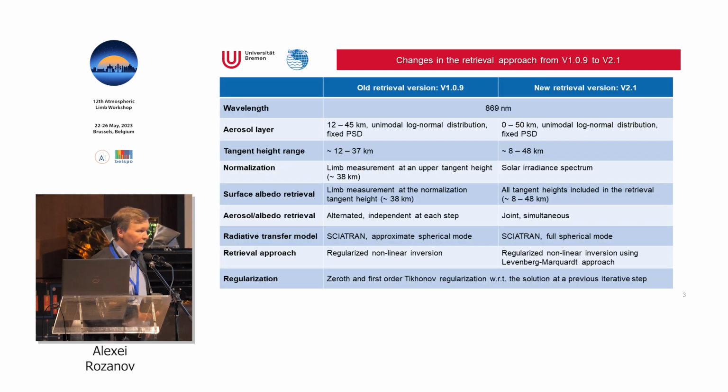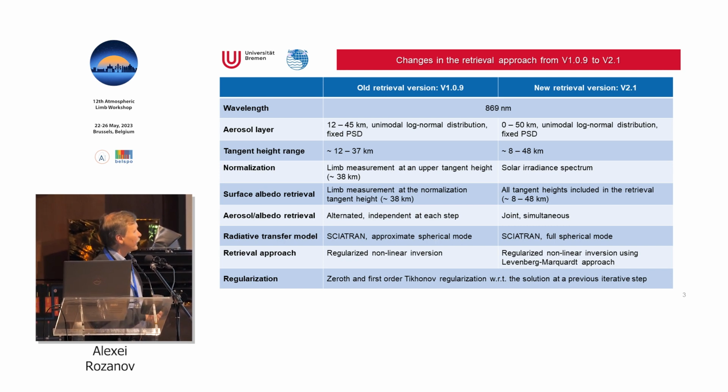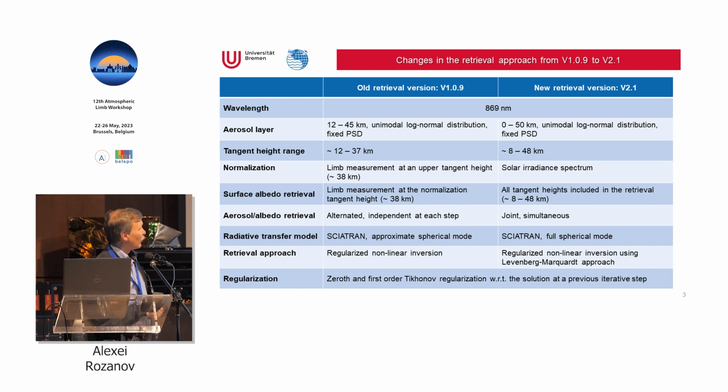eruption. And now it's just a brief discussion of the differences in the different versions. This is the old one, labeled 1.0.9, and the new one has version number 2.1. They both rely on the extinction at 869 nanometer.